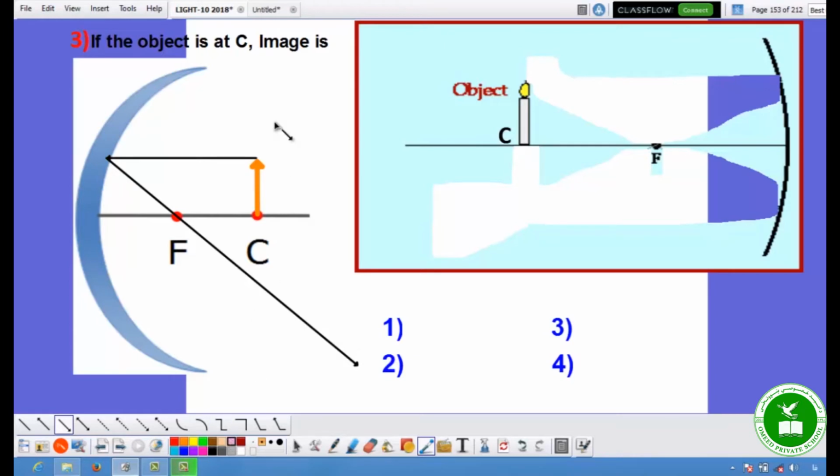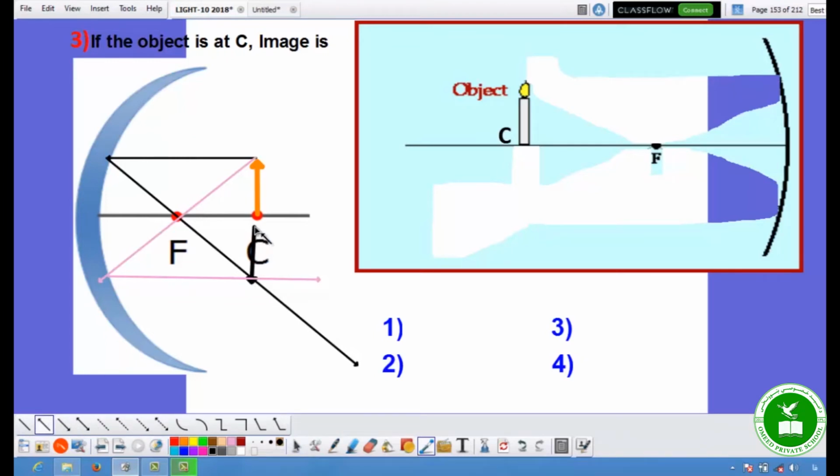Okay, another special ray. It will be reflected back parallel to the principal axis, right?